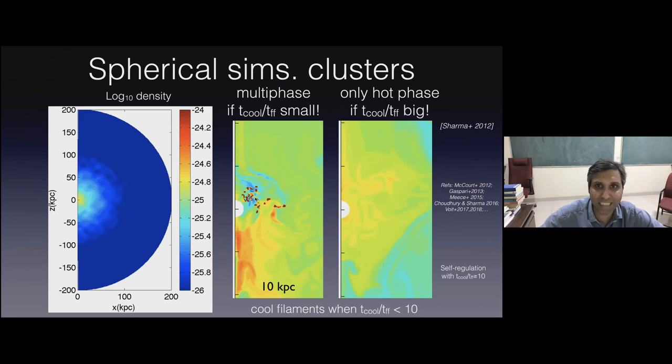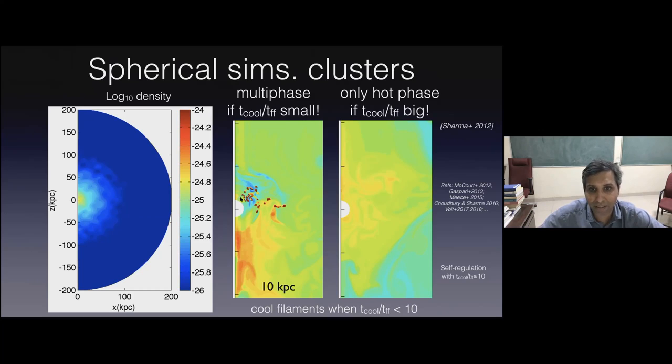And what we see is that there is a very, very important parameter that we notice: the ratio of the cooling time to the free fall time in the background determines whether this simple ansatz of shell thermal balance can give rise to multi-phase gas or not.